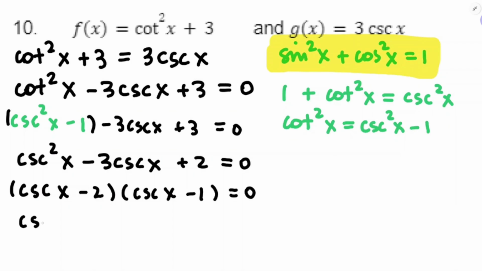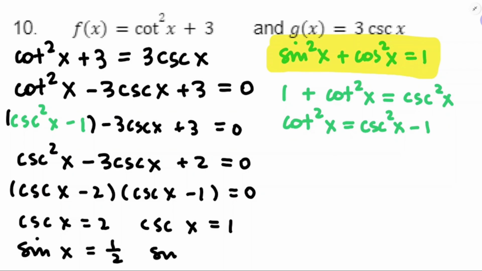That happens when cosecant x is equal to 2 or when cosecant is equal to 1. I'm going to need to get this in terms of sine so I can actually figure out what's going on the unit circle. Sine is 1/2 or sine is 1 over 1. So it's just going to be 1.